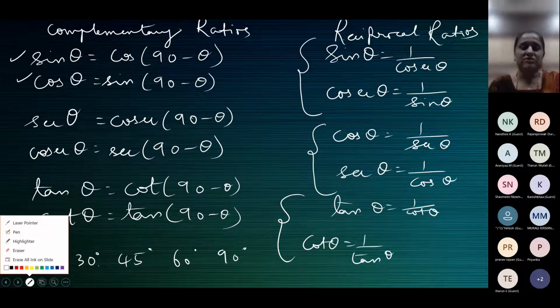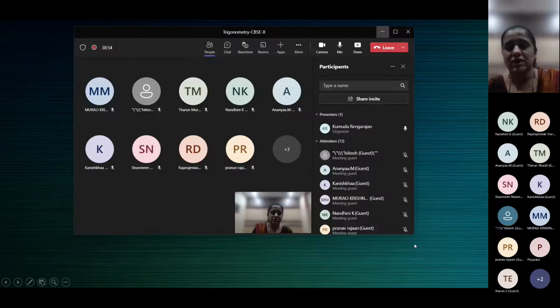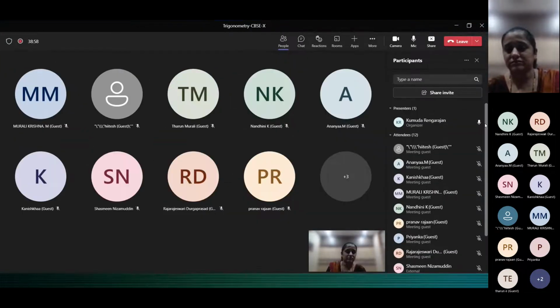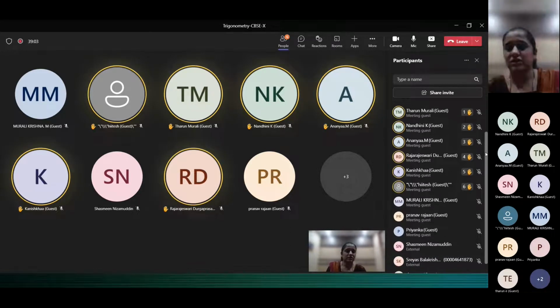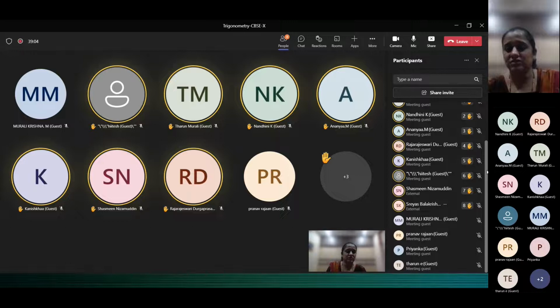And children, I wanted to say this. Now we have class, use the emoji, raise your hand. Tarun, Murali, Nandini, Ananya, Rajeshwari, Rajarajeshwari, Kanishka, Hitesh, Ashmin, Shreys, Murali, Krishna, Pranav, Priyanka, and Taruni.